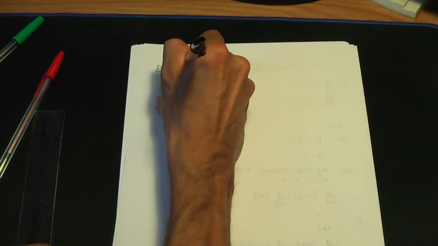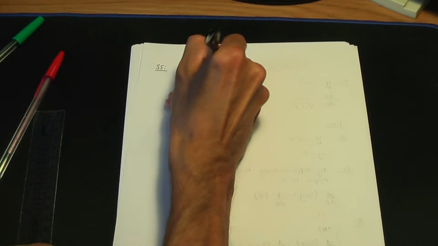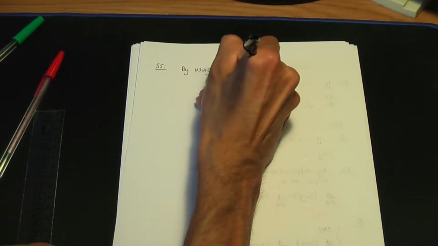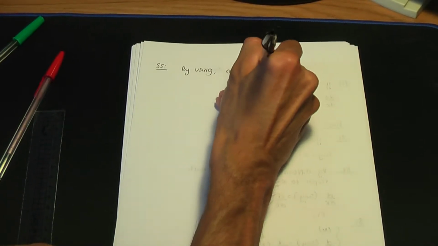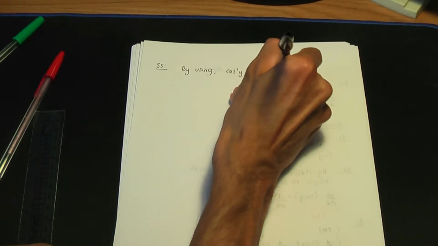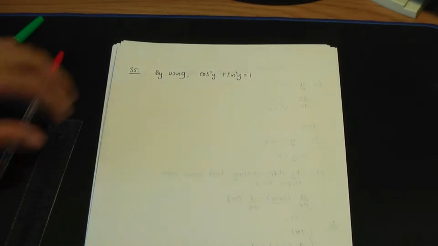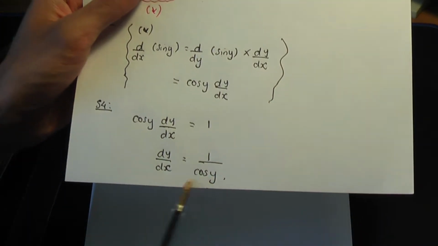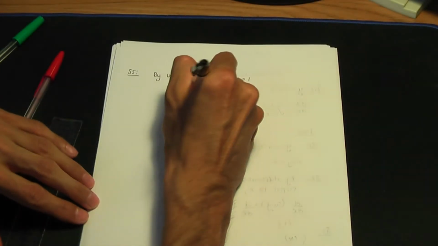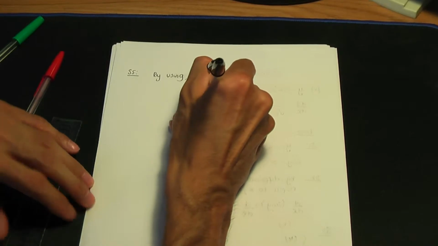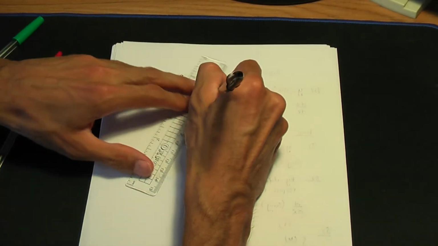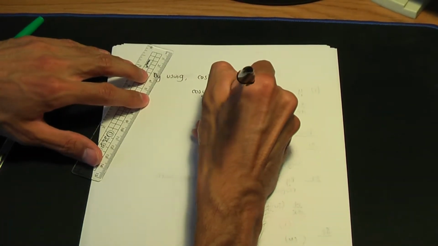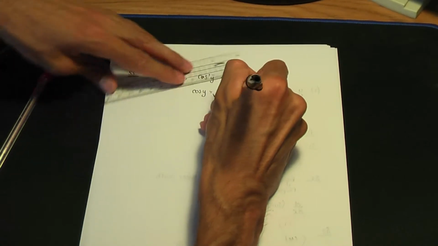The identity that we're going to be using is cos squared y plus sine squared y is equal to 1. So we're going to use the fundamental Pythagorean identity. So let's rearrange the identity for cos y. If I rearrange, cos y will be the square root of 1 minus sine squared y.